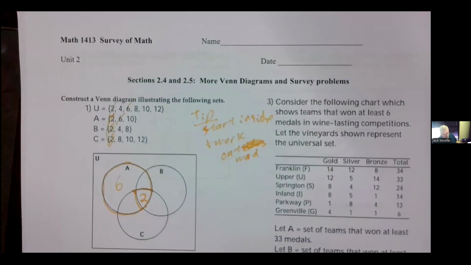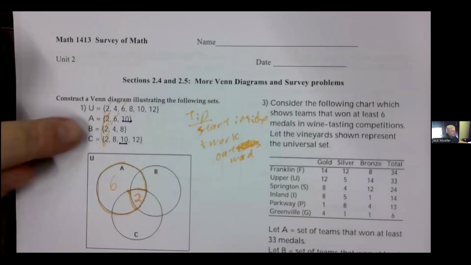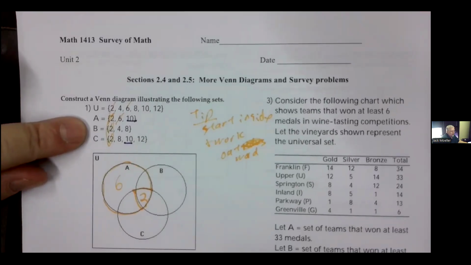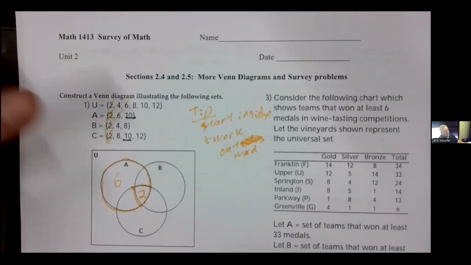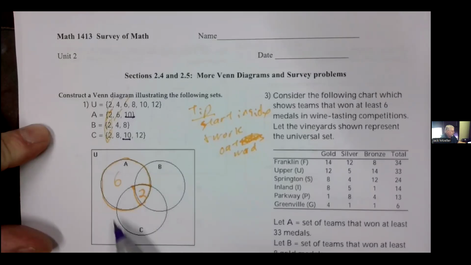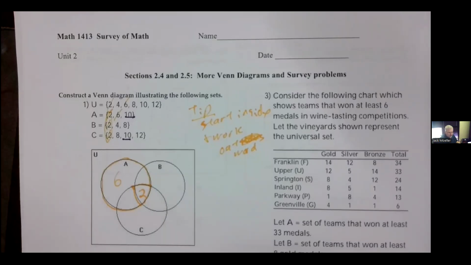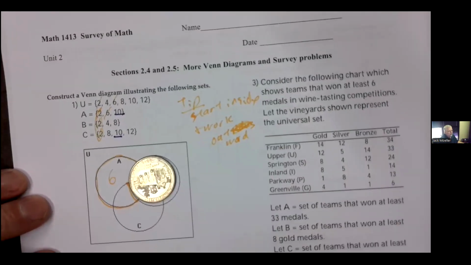But now if you look at 10, 10 is in A and it's in C, but notice it's not in B. So where does something go if it's in A and C, but not B? It has to be in circle A and circle C, but not B. So here's where those quarters come in. 10 is not in B, so where can it go?